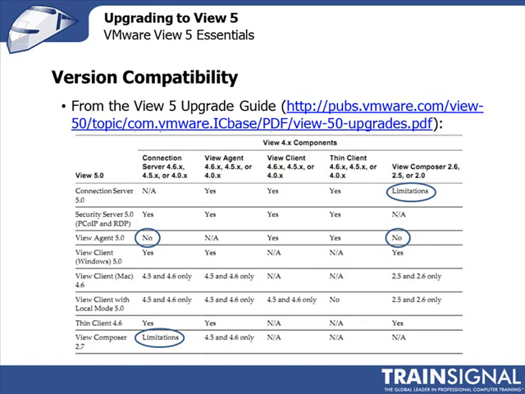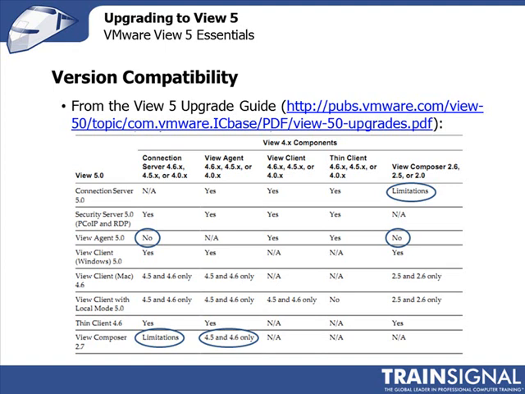The recommended way to upgrade is to upgrade connection servers before the Composer server anyway, so hopefully these won't ever apply. Vue Composer 2.7 is also only compatible with Vue Agent 4.5 and 4.6. So if you're running a Vue 4.0 infrastructure, it's recommended that you upgrade the agents to 4.5 or 4.6 before upgrading Vue Composer, or getting them upgraded and the pools recomposed, all within one single maintenance window.